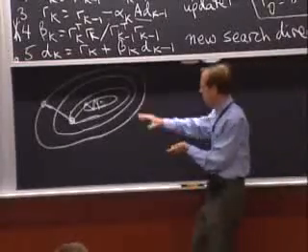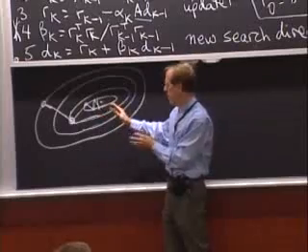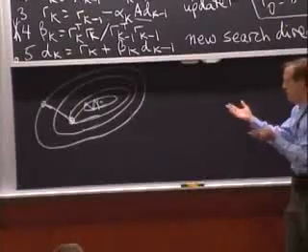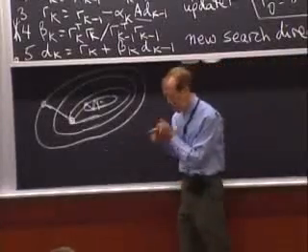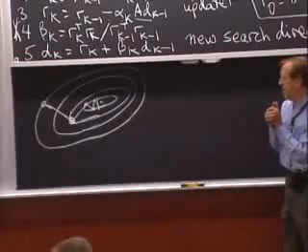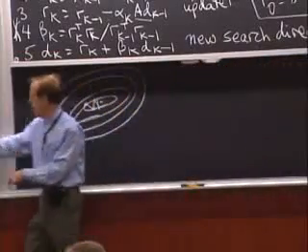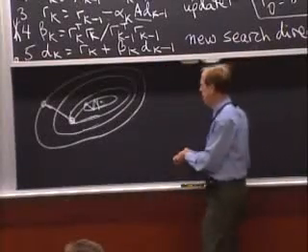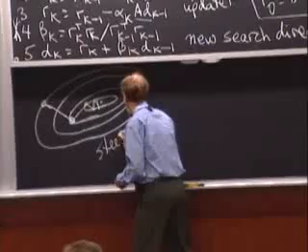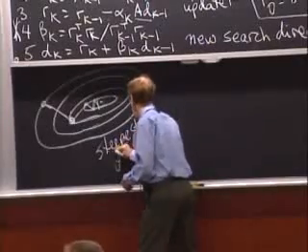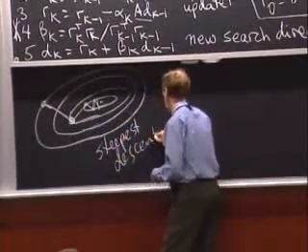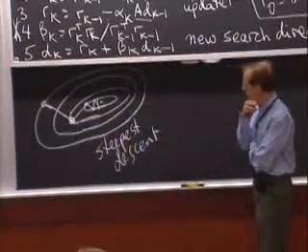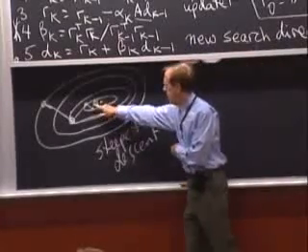It wouldn't happen if these contours were circles. If A was the identity matrix, these would be perfect circles, and you'd go to the center right away. Well, that only says that Ax equal b is easy to solve when A is the identity matrix. So this is steepest descent, and its rate of convergence is slow, because the longer and thinner the valley, the worse it is.